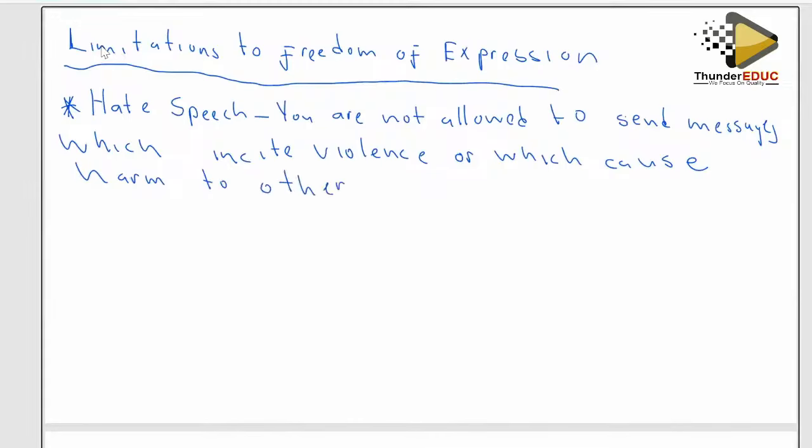That is the first limitation which we have. You are not allowed to send messages which incite violence or which cause harm to others.